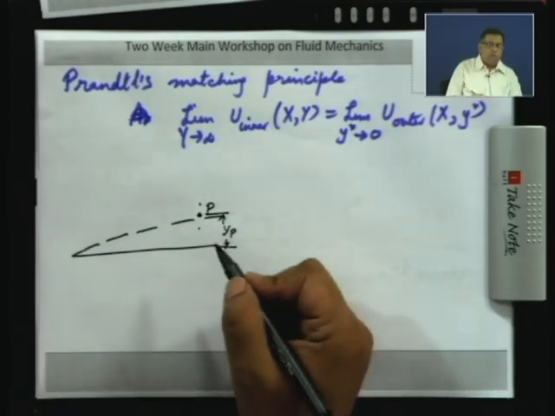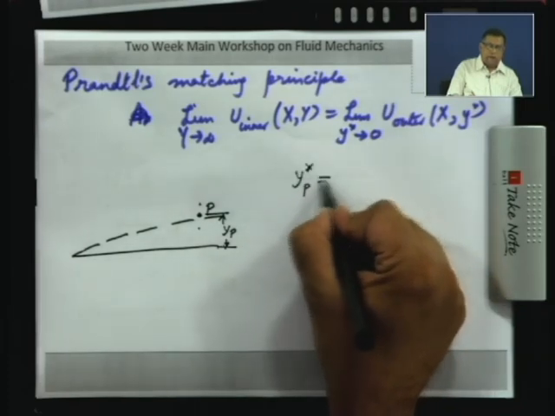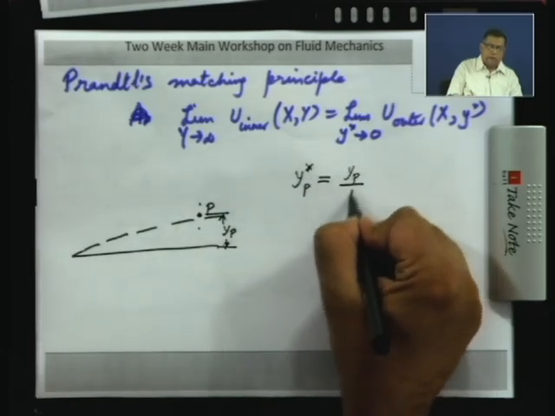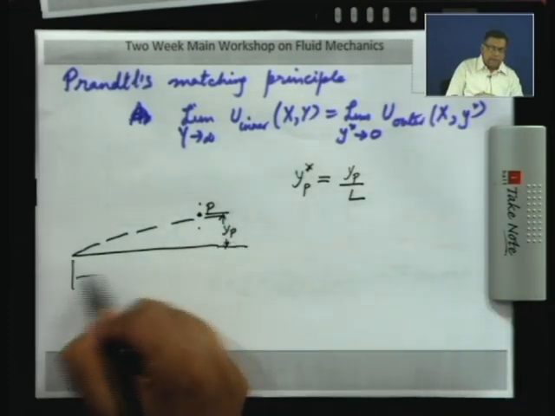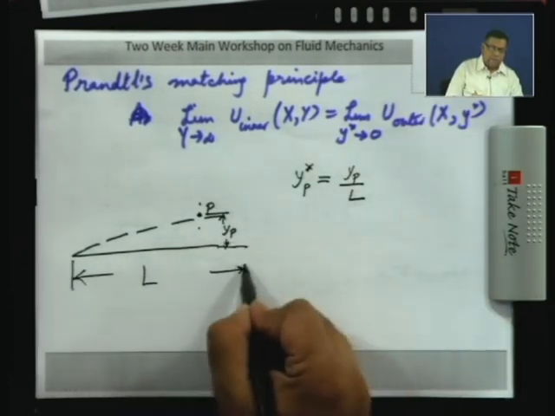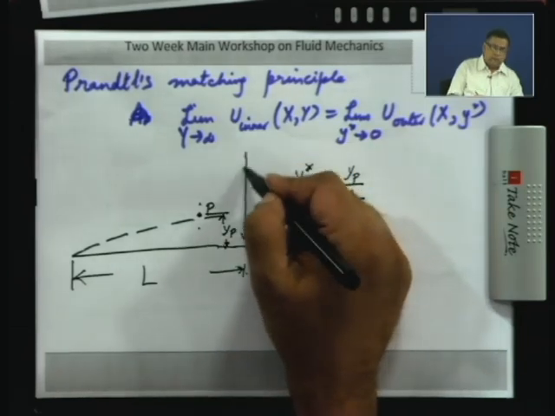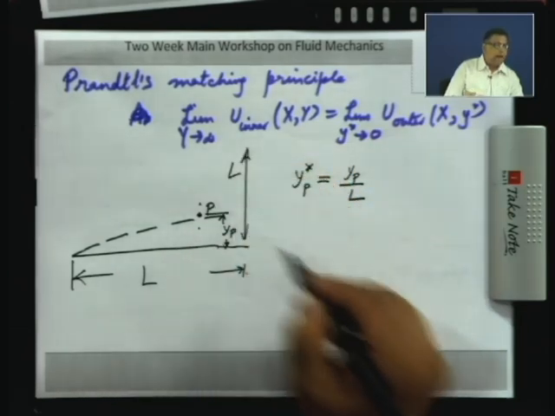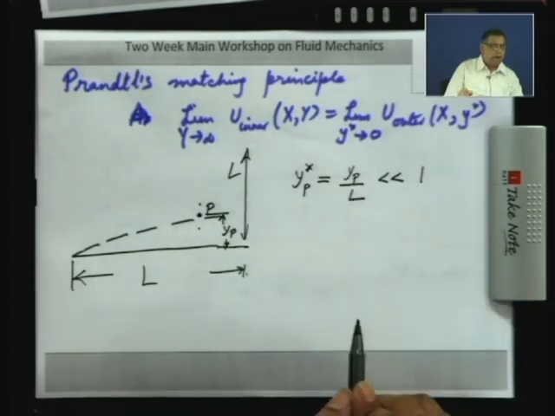Now, we have two non-dimensionalizations, one we are calling y star p, which is y p by L. Now, L is this large distance. So, if I show the L over here, this would be your L. So, y p by L is much less than 1.